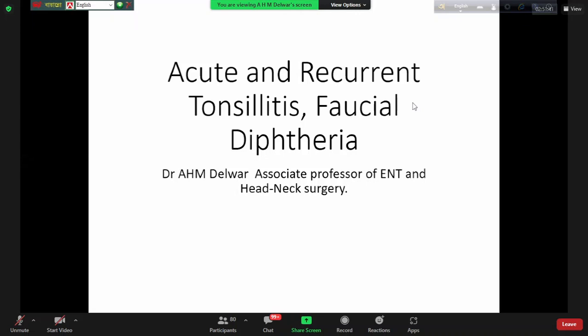When a patient suffers from recurrent tonsillitis, the treatment is tonsillectomy.